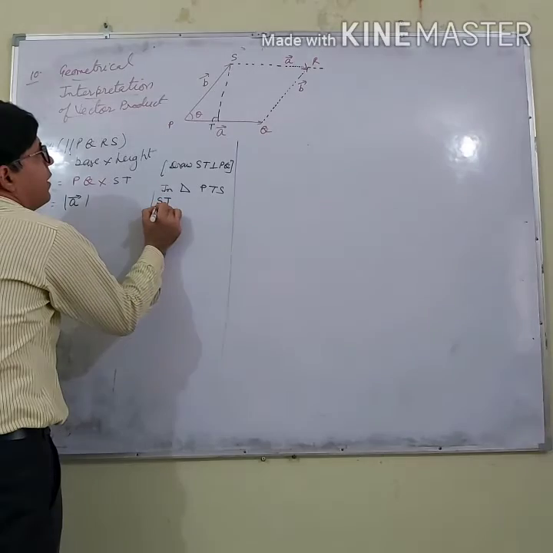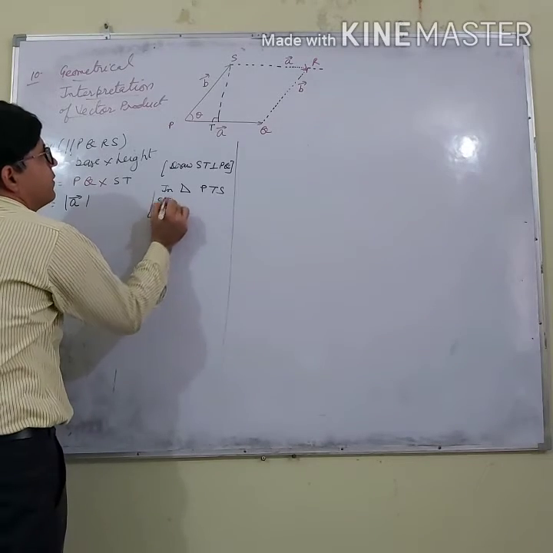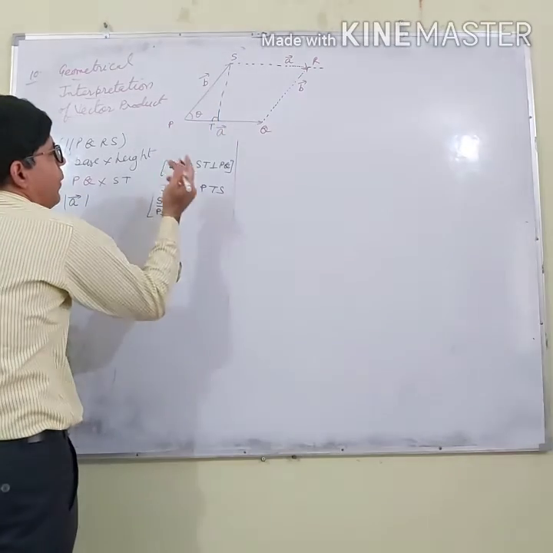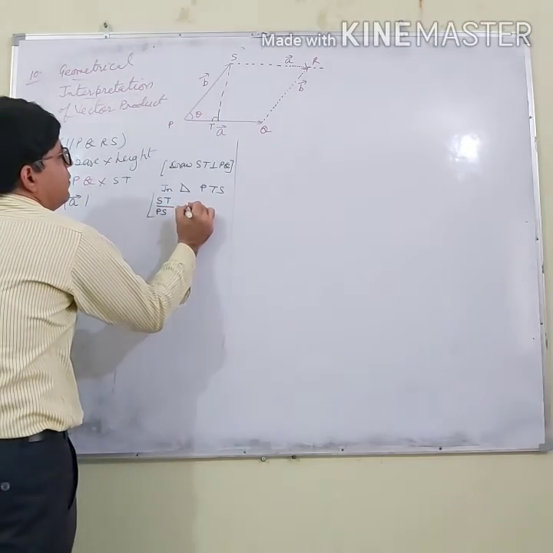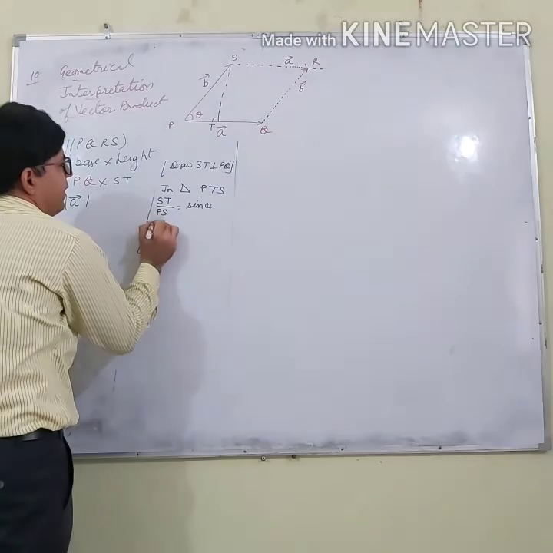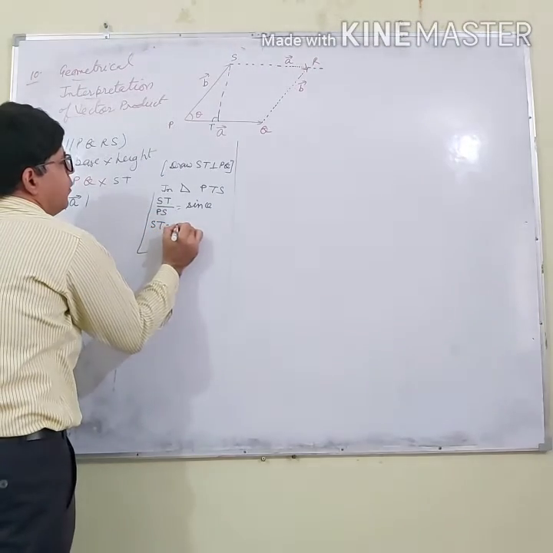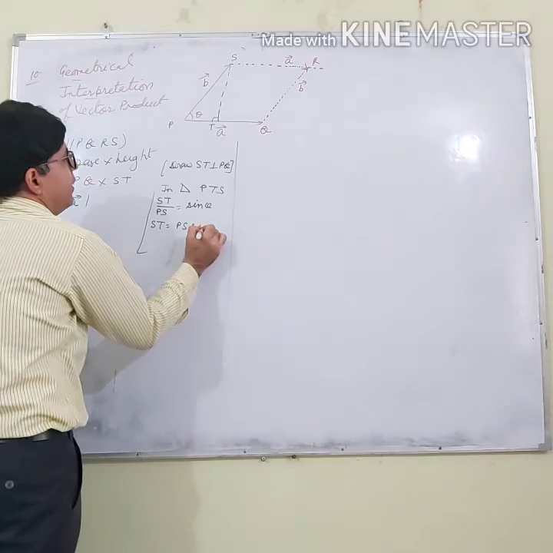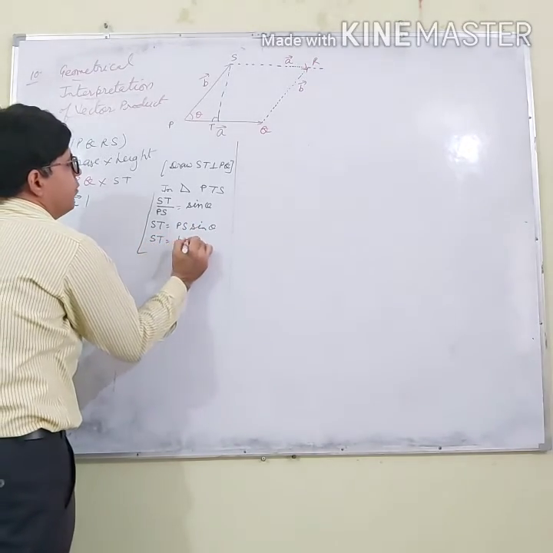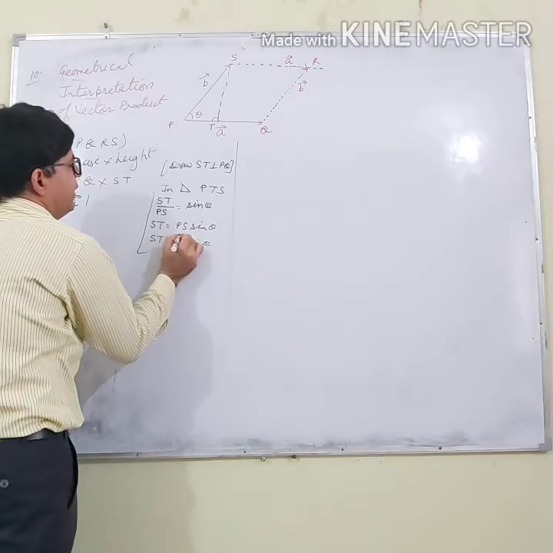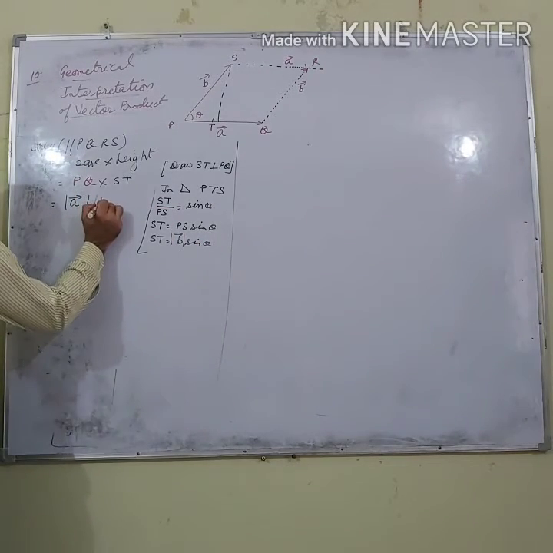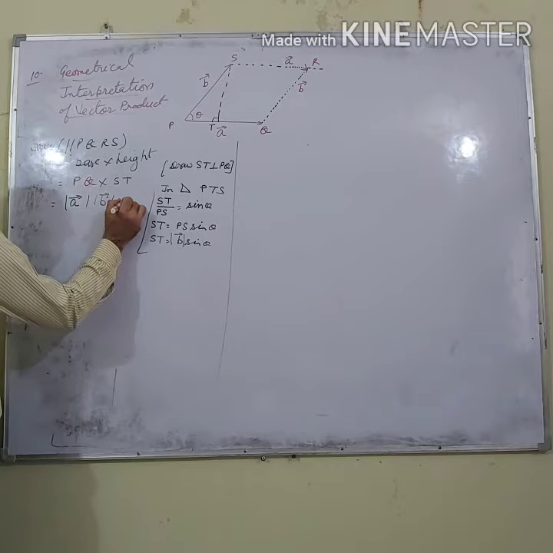ST upon PS, where ST is the perpendicular and PS is the hypotenuse, will be sine theta. So ST is PS sine theta, and PS is B. So ST is magnitude of vector B sine theta.